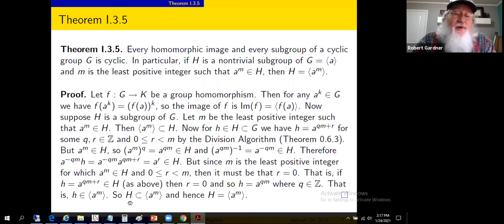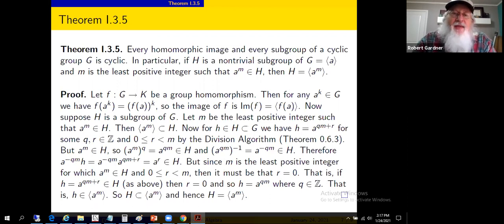Here we've got capital H is a subset of this group, and this group is a subset of H. So we can draw the conclusion of equality: group capital H is equal to the group generated by A to the M, and that was the claim. So subgroups of cyclic groups are cyclic. That's a very useful thing.